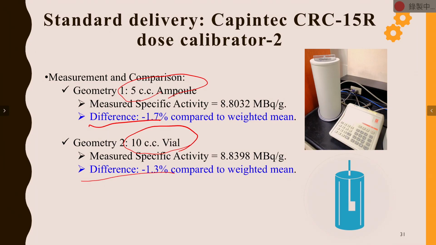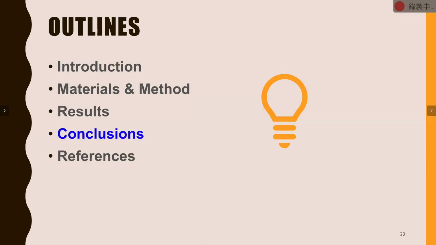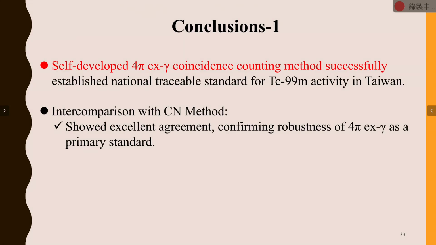And this is the conclusion. We have successfully established a national standard for TC99m in Taiwan. This was achieved using a self-developed 4πeS gamma counting method. And we validated this method with the CM method. The result shows an excellent agreement, confirming the robustness of 4πeS gamma as a primary standard.